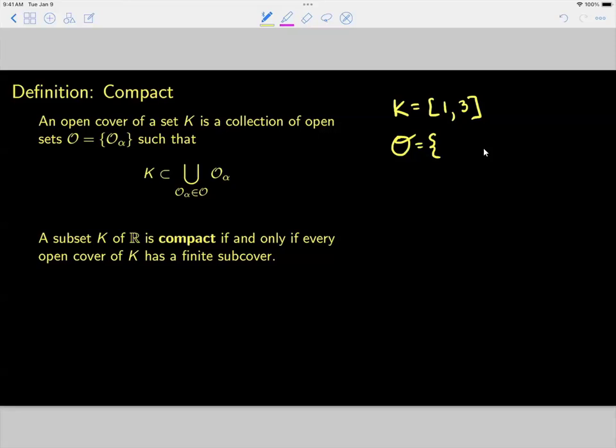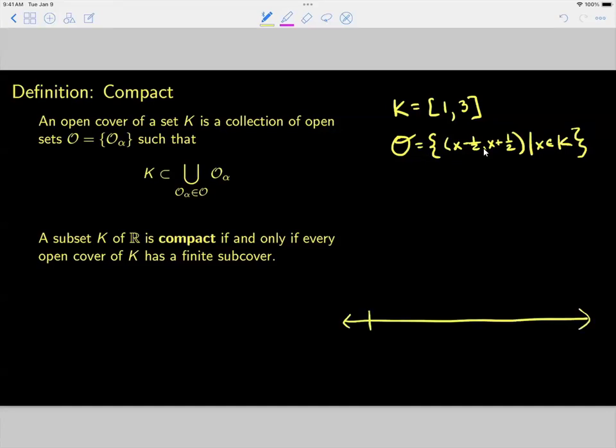So capital O is going to be the collection of sets (x minus 1/2, x plus 1/2). So these are open intervals where I'm taking an x in my set K. So basically what I'm doing is I'm creating an open cover.